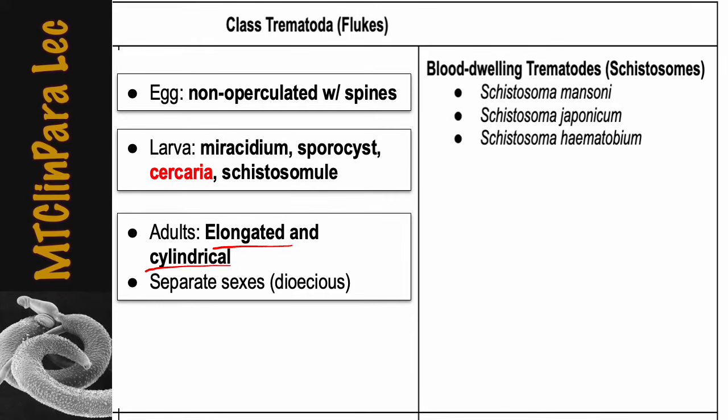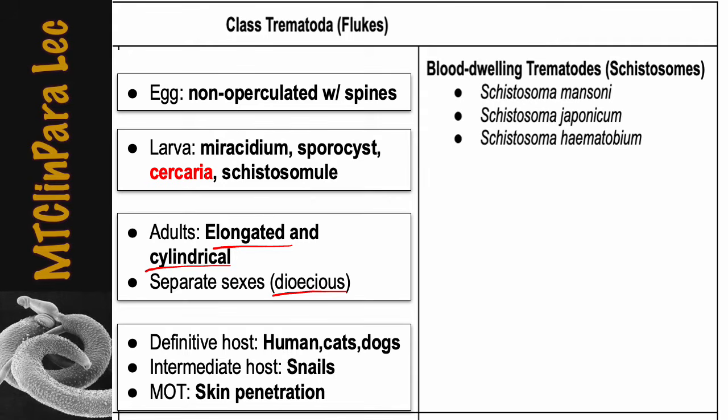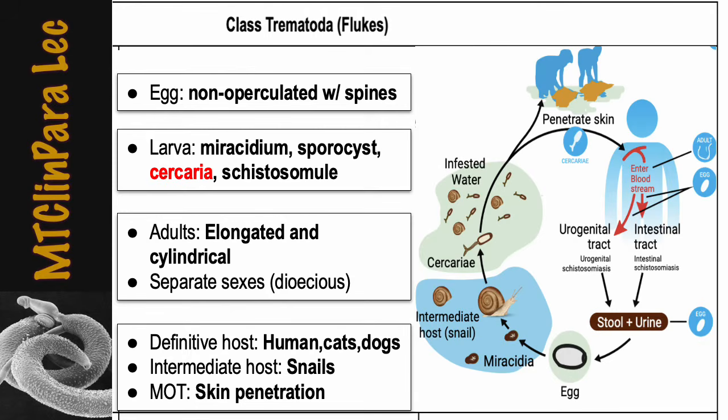They are also dioecious, which means there is the presence of a male and female adult worm. And lastly, in terms of their life cycle, the definitive hosts would be humans as well as cats and dogs. In terms of their intermediate host, they only require one, and that would be snails.